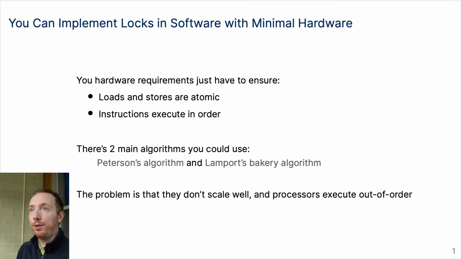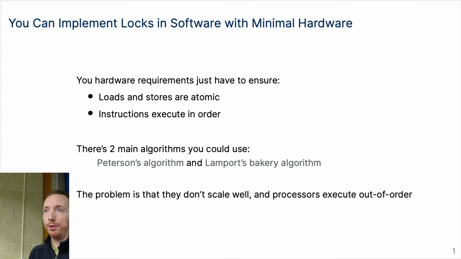If these two things are true and you want to implement locks with no other hardware support, you can use Peterson's algorithm or Lamport's bakery algorithm, which is essentially like an old school bakery where you just pick a number and then you're served in that order. We'll see what the other class talks about in terms of doing this, but for now, we'll talk about real hardware support that you would need to implement locks.